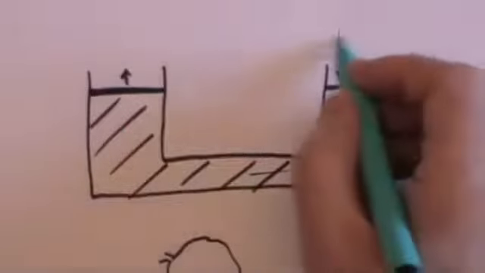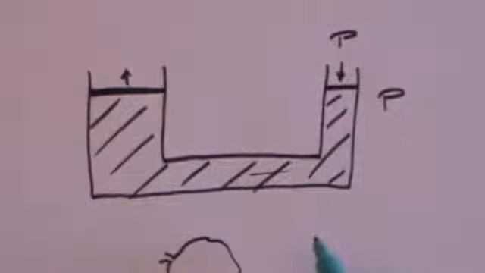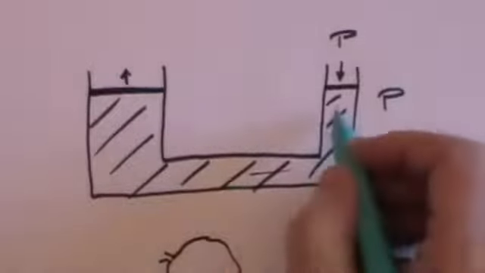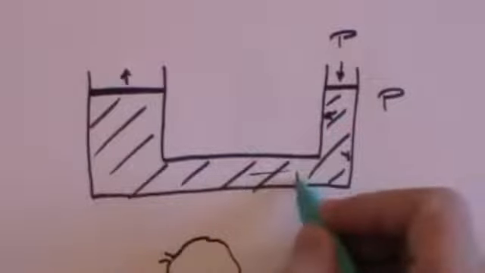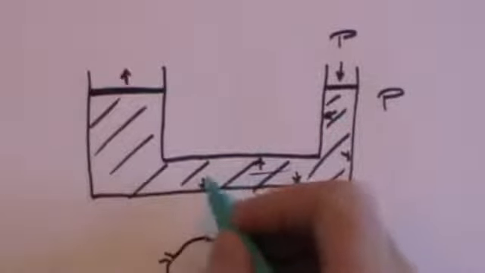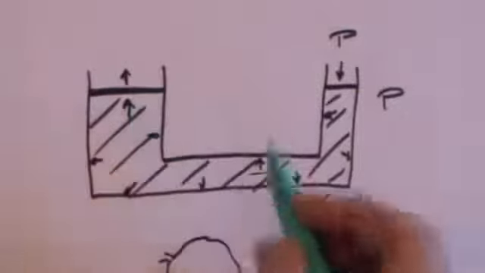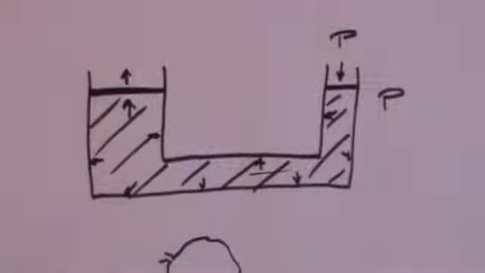So if I apply a pressure P to the piston, there will be a pressure in the liquid, and that pressure will apply in all directions on all surfaces. Whichever way you look, that pressure P will apply.